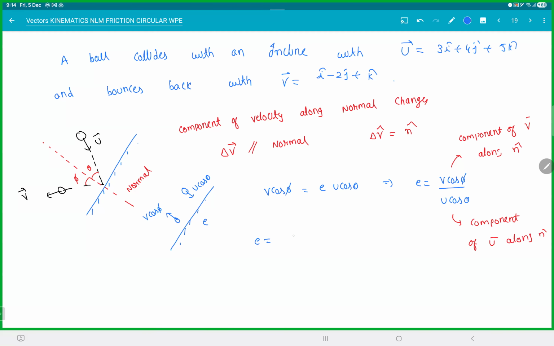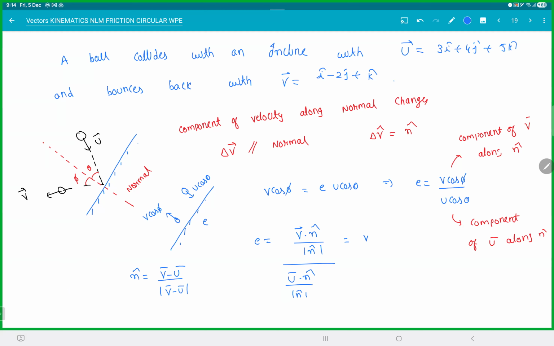So then v cos phi will be v bar dot n cap by mod n cap. Remember, AB cos theta is mod A mod B, so we can just shift it there, u bar dot n cap by mod n cap. Mod n cap is 1. And what is n cap? n cap is nothing but v bar minus u bar by mod of v bar minus u bar.